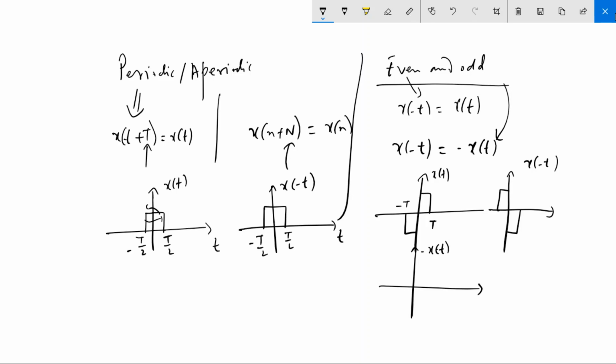This multiplication is with amplitude, while the earlier one was with time, so the positive portion will come down and the negative portion will go up. So -x(t) and x(-t) are now equal. So this is an odd function, or odd signal. Similarly, in discrete time, x(-n) = x(n) is even, and if x(-n) = -x(n), that is an odd function.